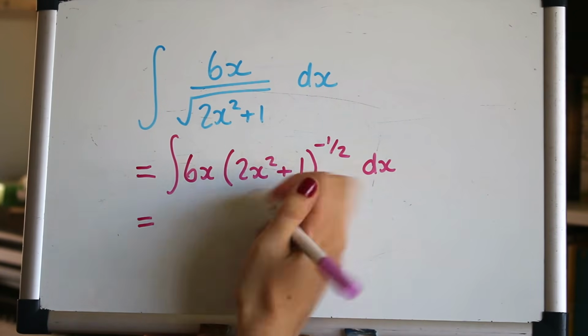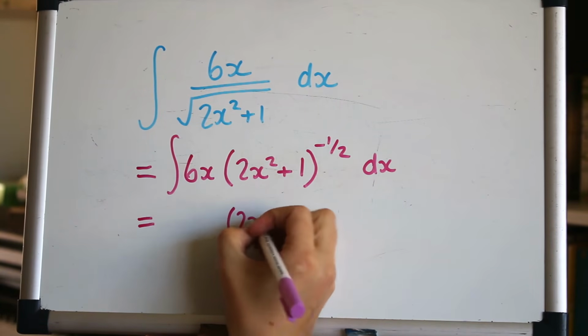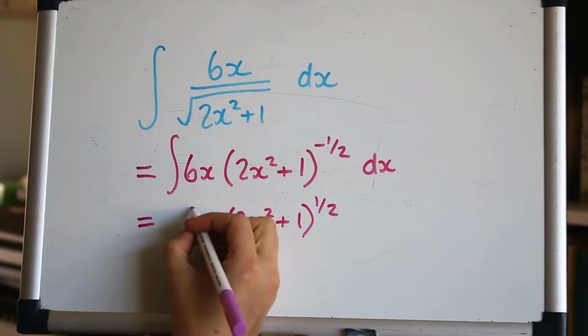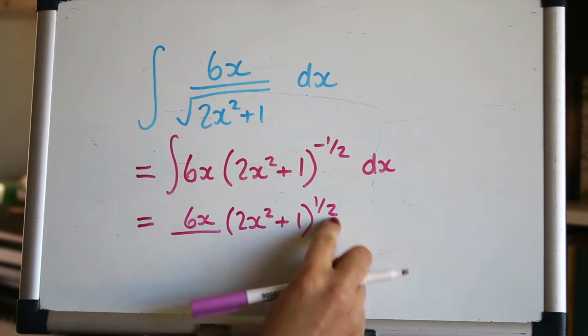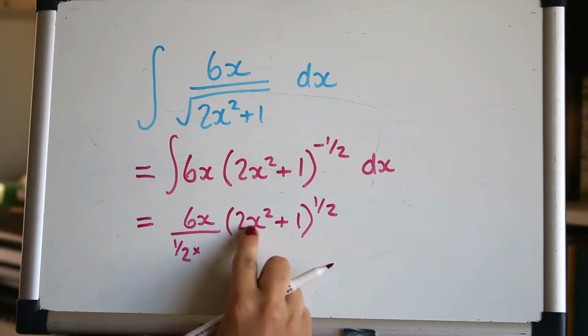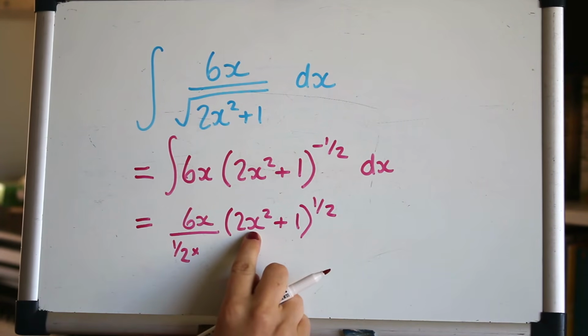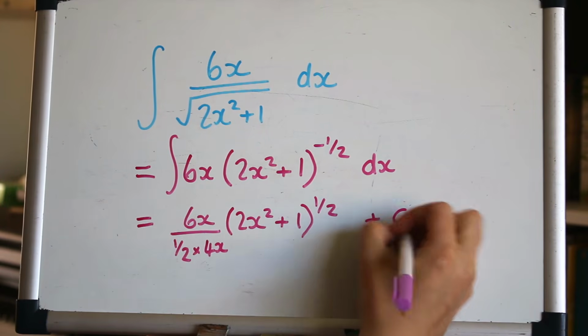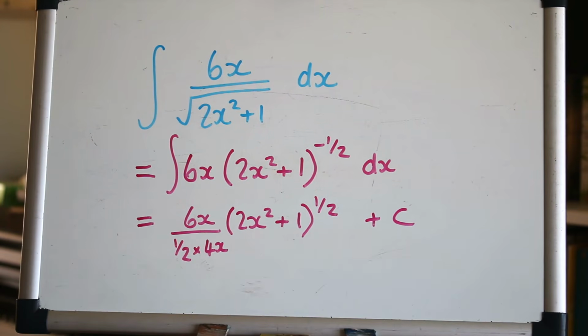So raising that by 1, keeping this the same. And we're going to divide by the power, and we're also going to divide by the derivative, which is 4x plus c.